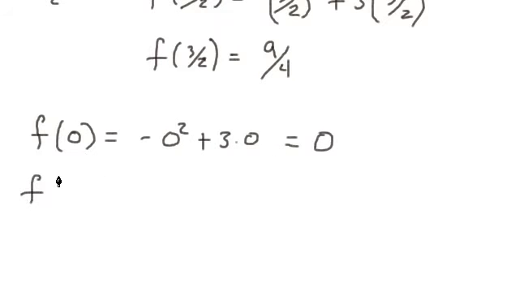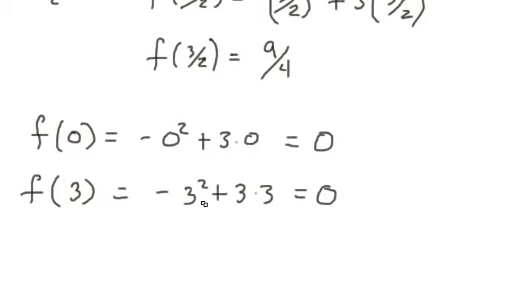And then remember our other endpoint was 3. So we want to plug that in, and it looks like we get 0 also, right? That's going to be negative 9 plus 9, which is 0. It's already written up here.